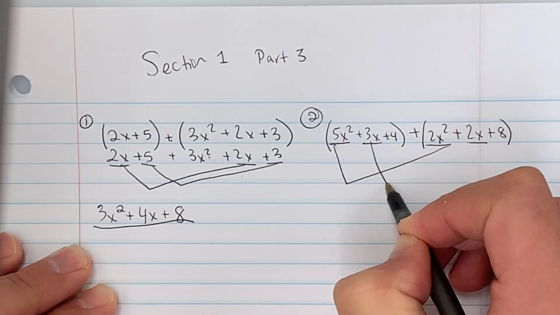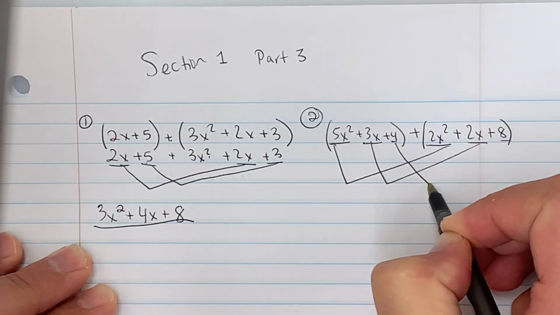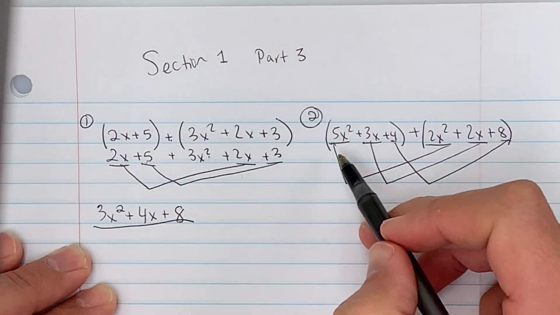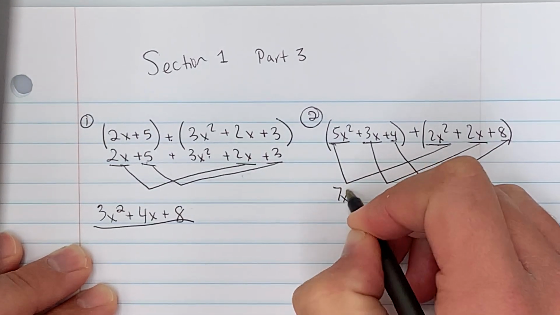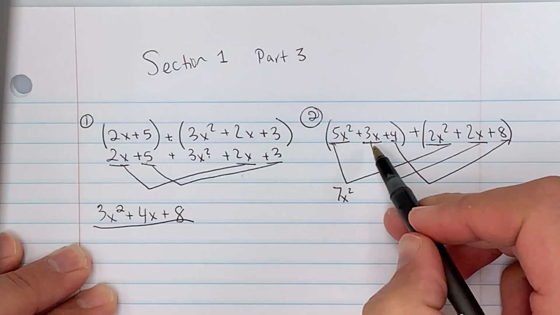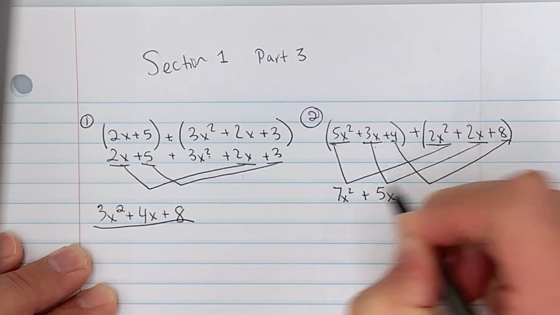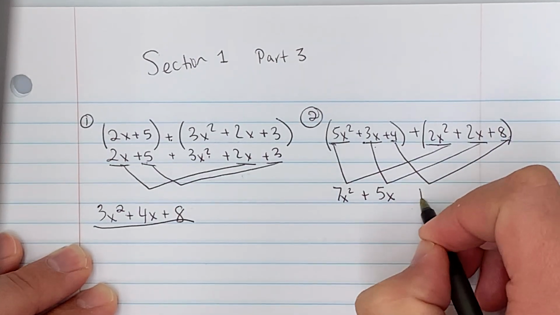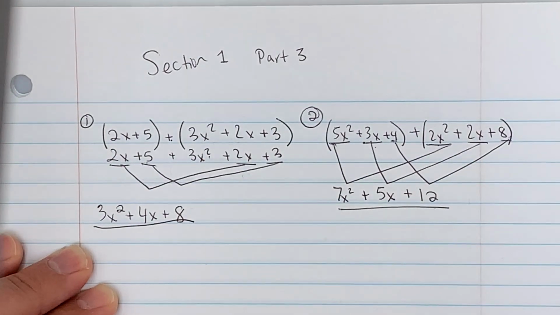Let's combine those up. And then I have 4 and 8, and those are going to add up as well. So everything here is positive, so all we're doing is adding. So 5 plus 2 is 7. Carry down that x squared. 3 plus 2 is 5. Carry down that x, and those are positive. And then 4 plus 8 is 12, and that's a positive. And there we go, that's it.